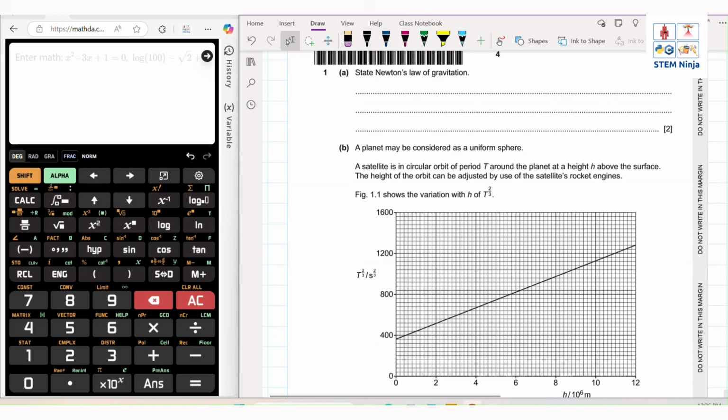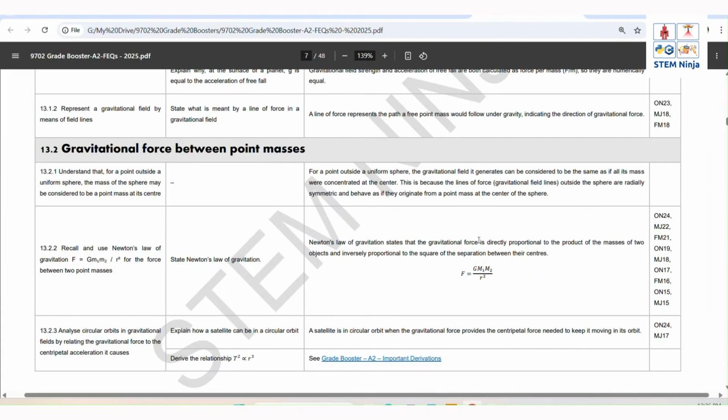So, I wanted to show you one thing. The definition is easy, but there's a huge assumption over here that is often neglected by the students, and that is the assumption of the point mass.